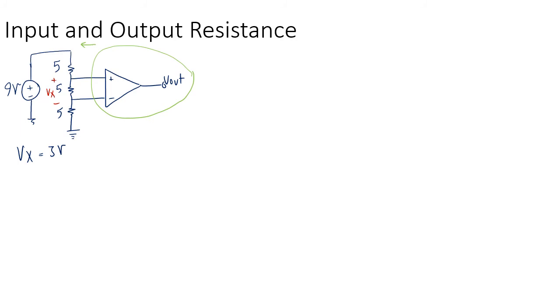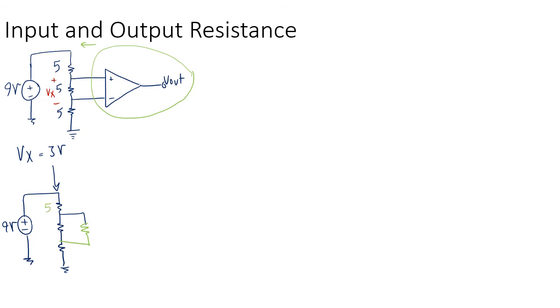volts, right? But what happens is that if the equivalent resistance of the circuit inside this green circle is anything other than infinity, then I'm going to end up with something like this. 9 volts, and then resistor, resistor, resistor, and I'm going to have that resistance here, right?